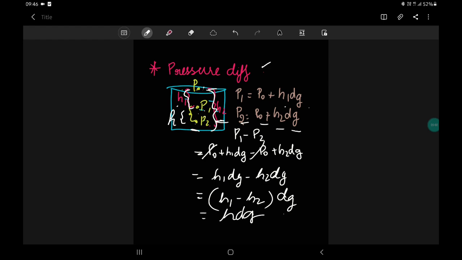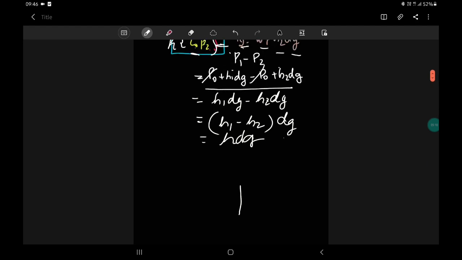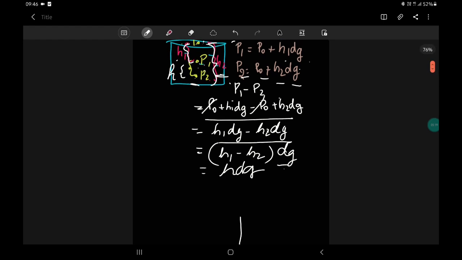Pressure difference means P1 minus P2, so you write the equations again. P0 gets cancelled, and you again get H1 dg minus H2 dg. Then you can take dg common, and H1 minus H2 or H2 minus H1, depending on where the point is located.